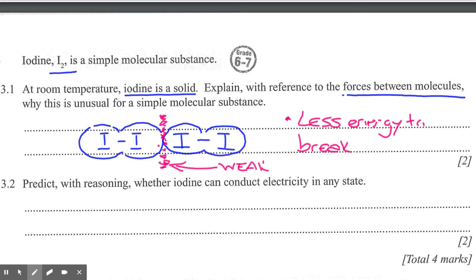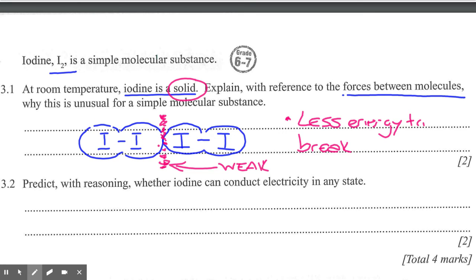So to still have iodine as a solid is actually quite rare, because that means that the intermolecular force of attraction between iodine molecules is actually very strong, or surprisingly strong, to make it a solid.